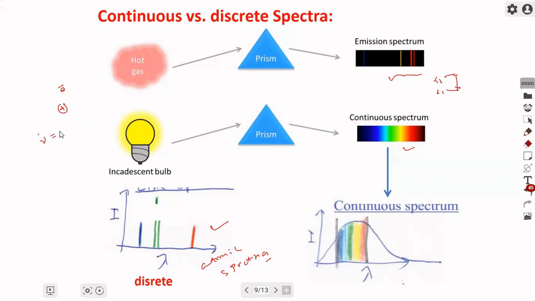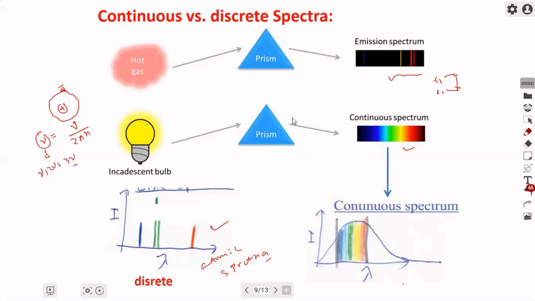This is called the classical frequency, given as velocity by 2 pi r, the distance covered. They said that as the electron is revolving around the nucleus, the frequency it emits should be any multiple of this nu, any multiple of this oscillating frequency due to the revolving of the electron. So it should be nu, 2 nu, 3 nu, etc.